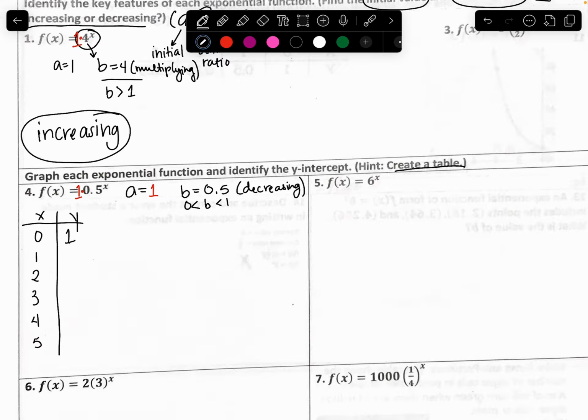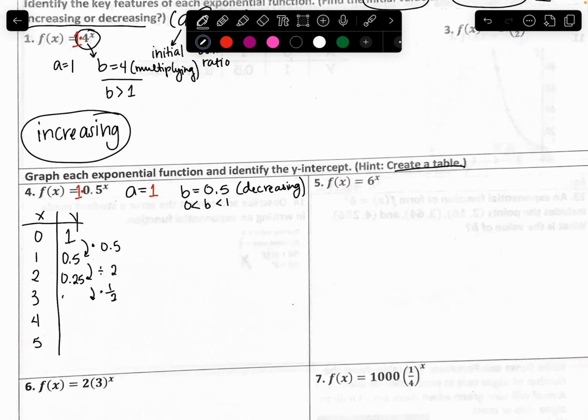And then we are dividing. Remember, dividing by 2 or multiplying by 0.5 is the same thing as multiplying by 1/2. Whichever one suits you more. Feel free to grab a calculator. Half of 1 is 0.5. Half of 0.5 is 0.25.